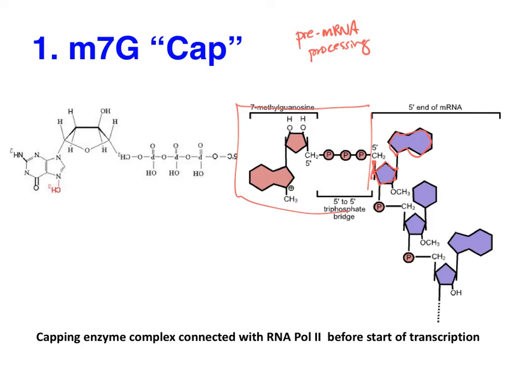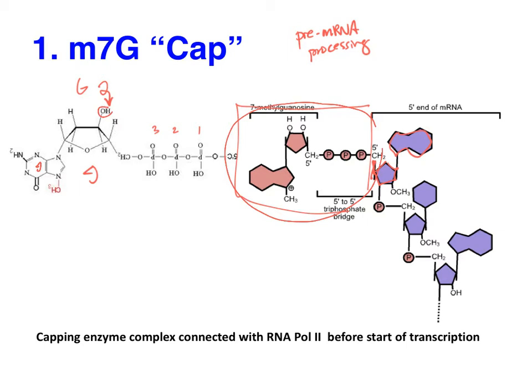Shown to the left here, you can see this is a G base upside down. Maybe an easier way to write that is a G upside down. So we've got 1, 2, 3 phosphate groups, deoxyribose sugar here, and then we've got our G purine over here on the far left. And that's what's attached to the 5' most base of the mRNA.